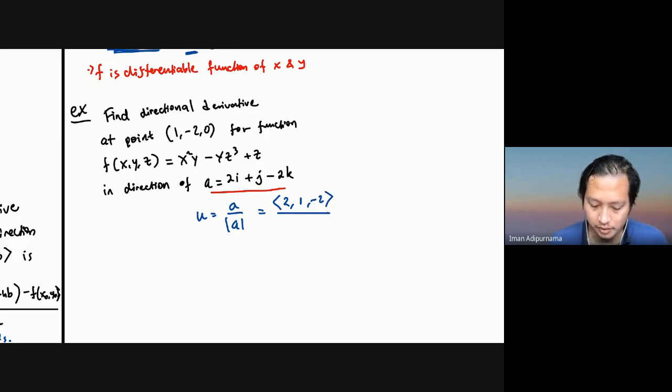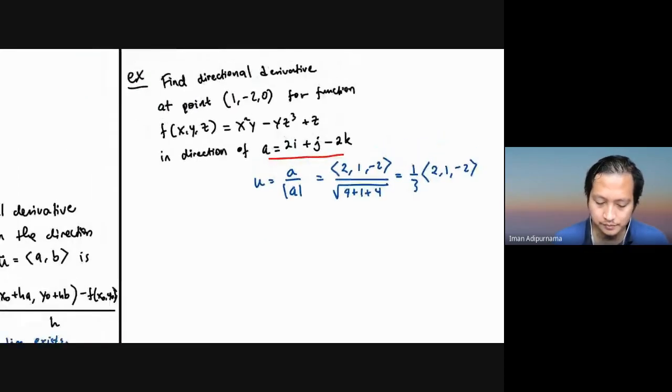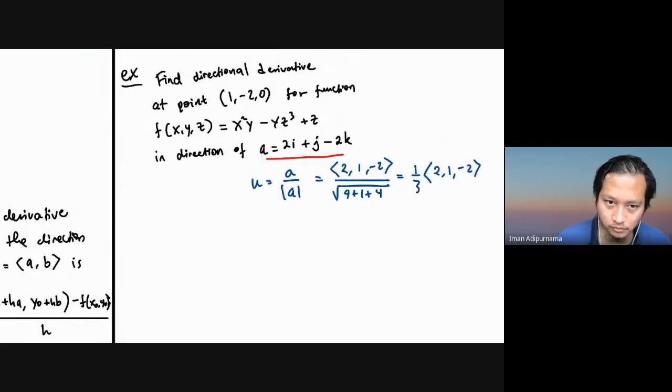And the magnitude squared is 4, 1, 4. It's 9, so it's 3. Okay, that's the first part. Let me write the function.